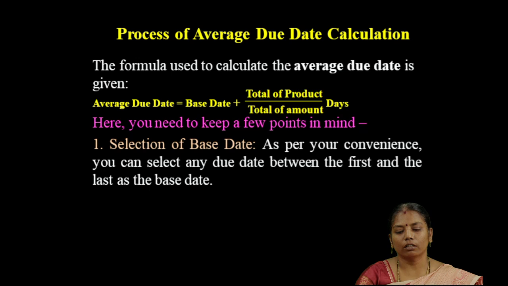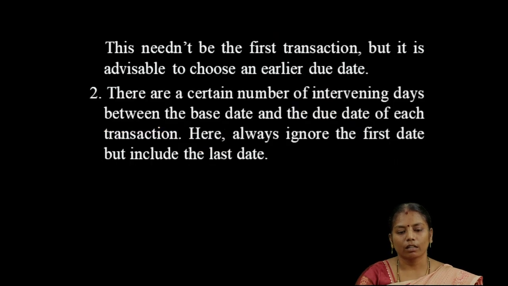As per your convenience, you can select any due date between the first and the last as the base date. This need not be the first transaction, but it is advisable to choose an earlier due date.